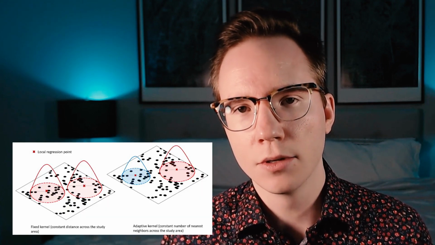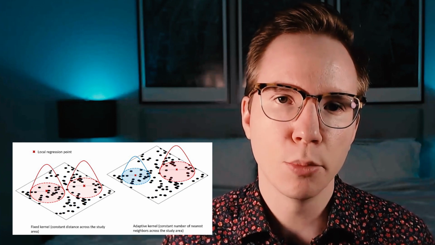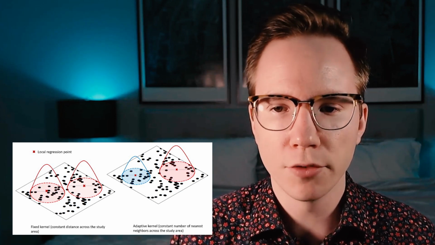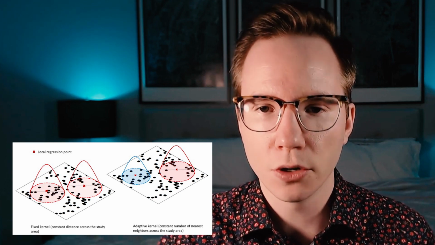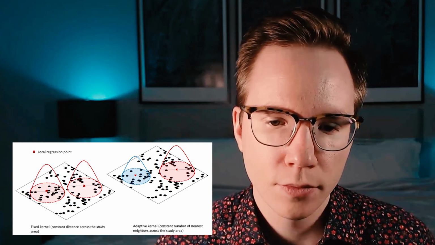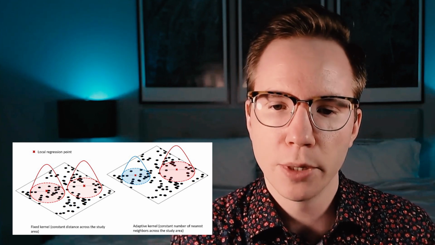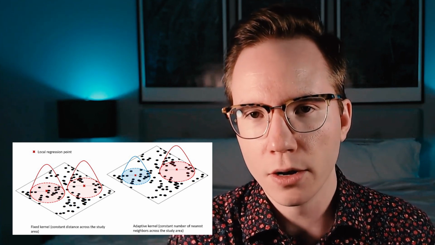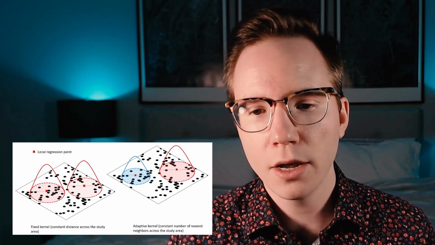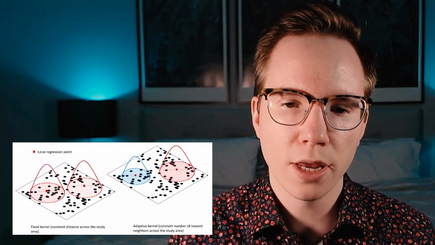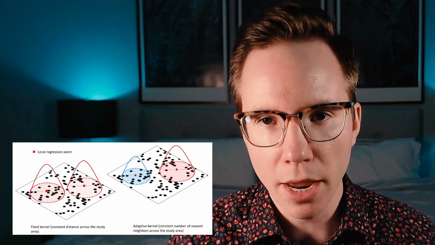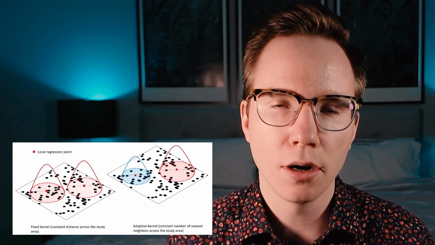In some cases, you'll use what's known as a window, which is a location or distance buffer around the point of interest, where you'll only use points within that window to create the regression model. So on the left-hand side of this picture, we have a fixed kernel window, which means that the window doesn't change in size, but the number of points within that window may change based on the location on the map.